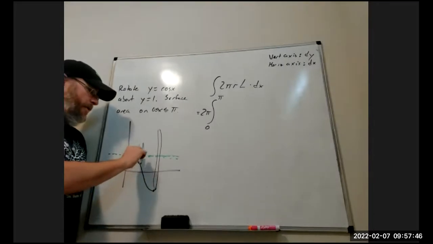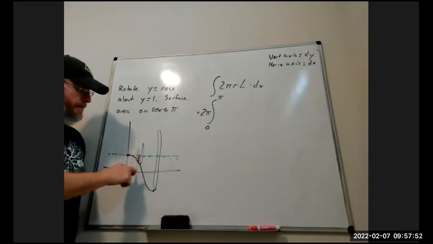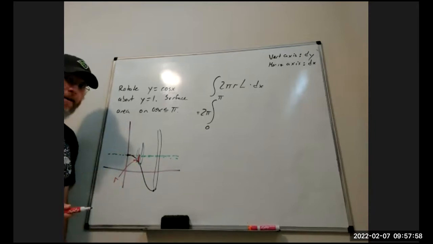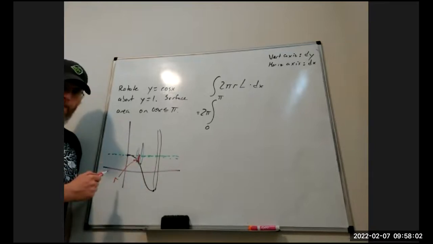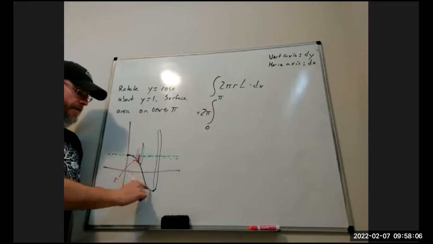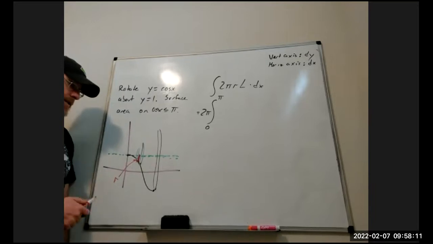So here would be our radius, that little red line I put right there. I need to figure that out for our radius. Now, it is going to depend on the y of our function, right? Because as we're moving along, the radius changes because the height of our function changes. So how does that radius relate to the y coordinate?